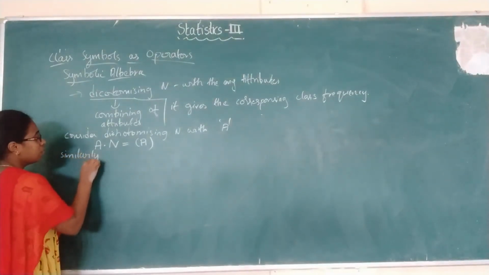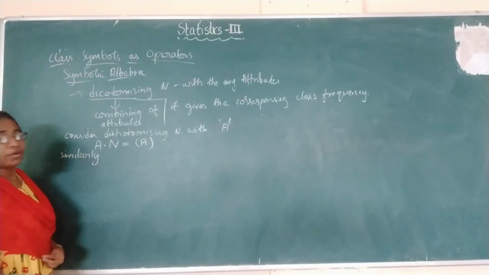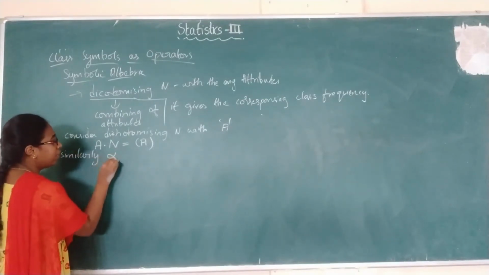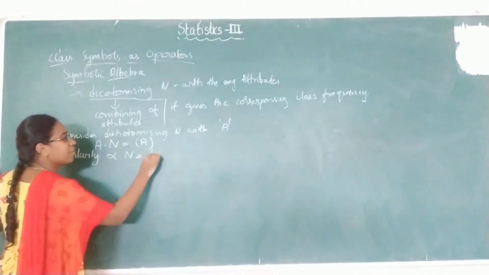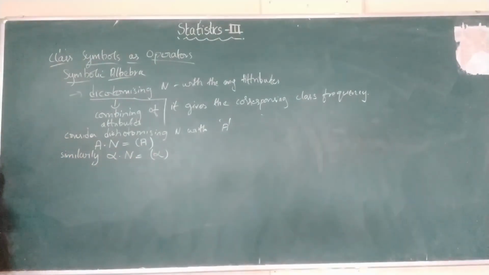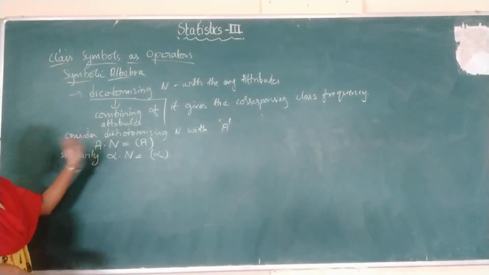What is the complementary attribute of A? Alpha. Similarly, if you write alpha into N, you will get the class frequency of alpha. So this is called the dichotomizing of N with an attribute.